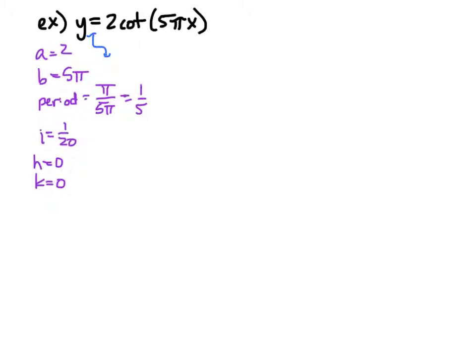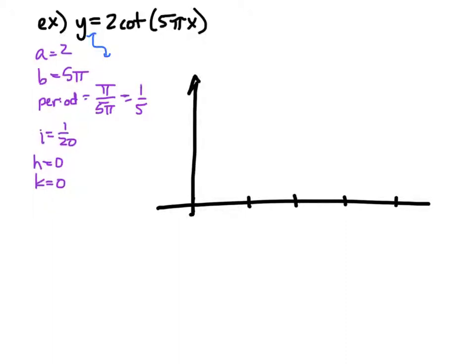All right. So I'm going to draw my x-axis. We always start with h and then go 4 increments to the right. Now since h was 0, I can go ahead and make this my y-axis. So my h was 0.